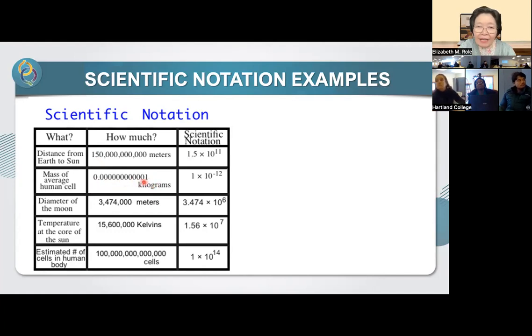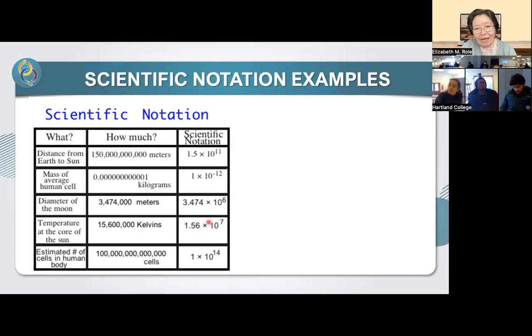Don't stop there. You move up to the 1 because you need a number greater than 1, between 1 to 10. All right, and so 1 times 10 to the negative 12 because this is a decimal number. Let's count again. 1, 2, 3, 4, 5, 6, 7, 8, 9, 10, 11, 12 until you get to a 1 point something. So 1 times 10 to the negative 12.